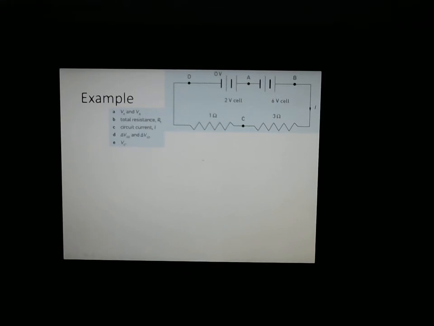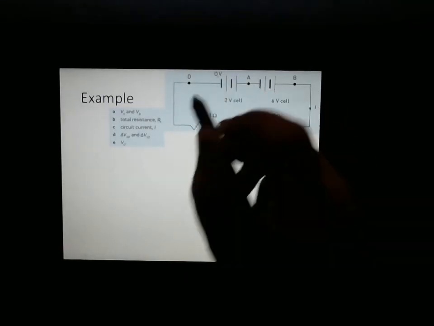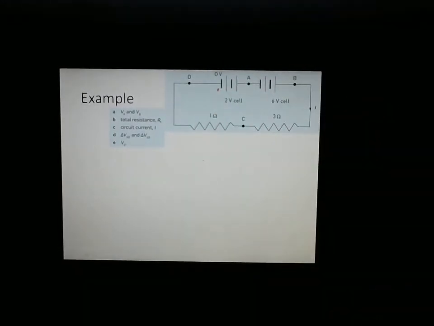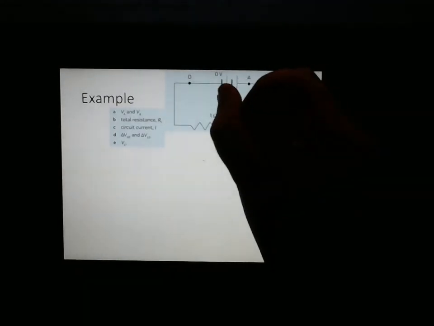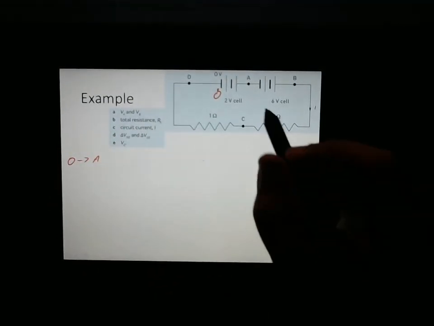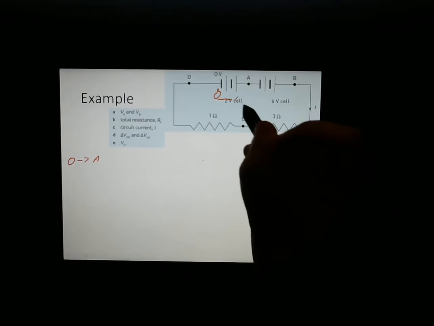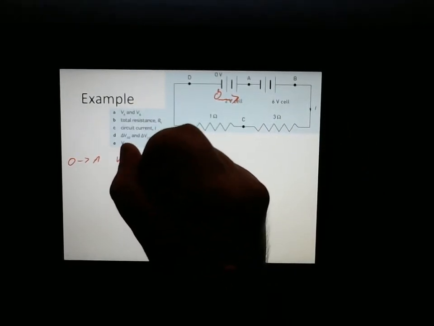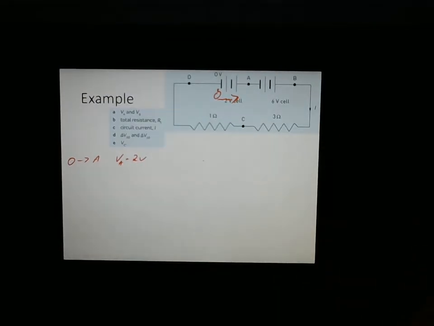So we're going to start, and you can see here that's where it's labelled 0 volts. I'll just bring up my pen. We're going to start here, so we'll call this point O. As we go from point O to point A, we see we've gone through a 2 volt cell. So voltage at A must equal 2 volts.